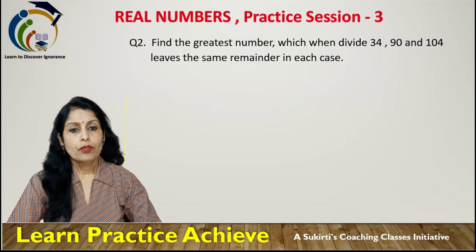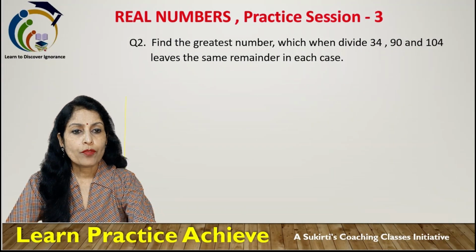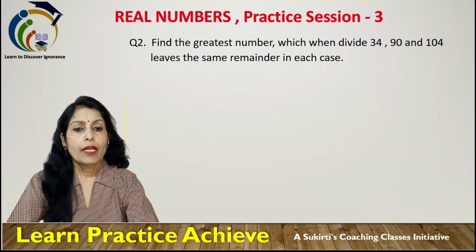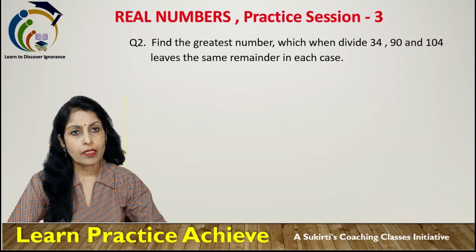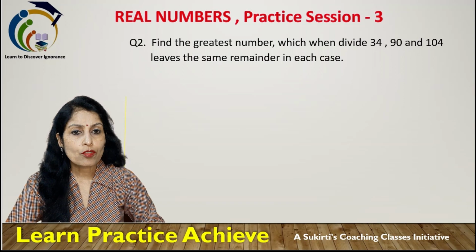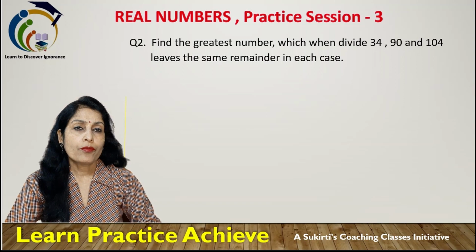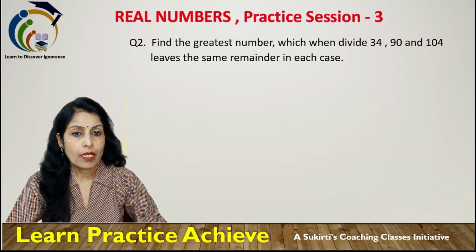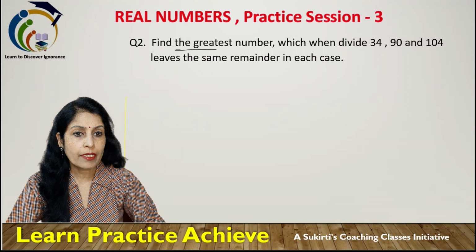Now question number 2. Find the greatest number which when divides 34, 90 and 104 leaves the same remainder in each case. Again, here you first have to find out whether it is an LCM question or an HCF question. The question is find the greatest number.